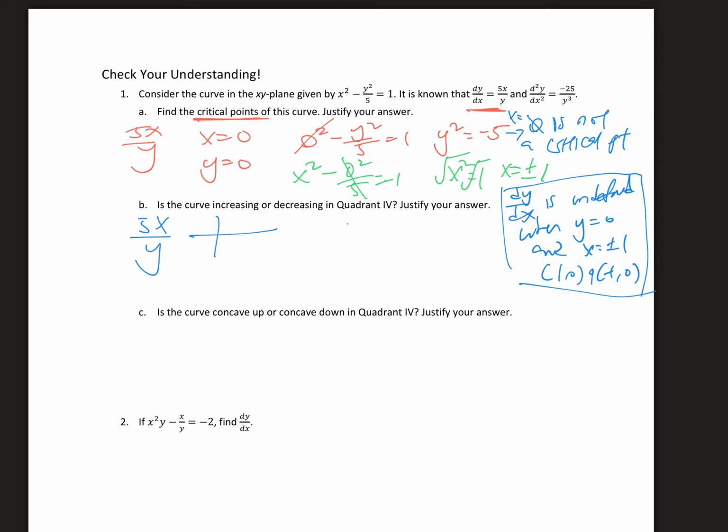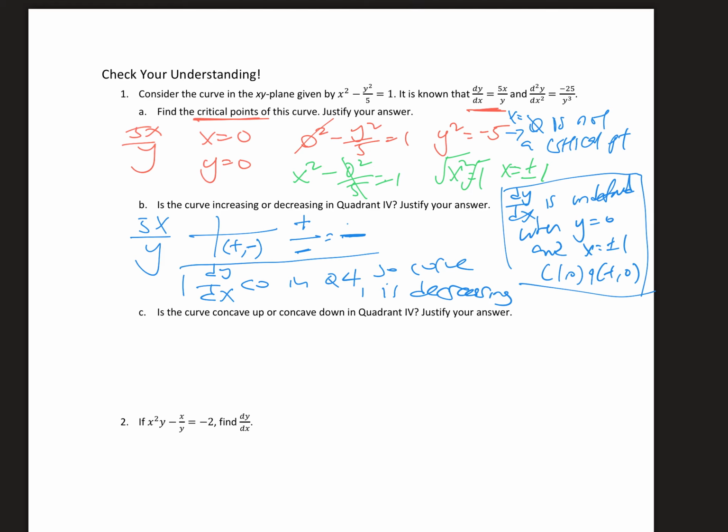In quadrant 4, my x value is going to be positive and my y value is going to be negative. 5 times a positive is a positive, over a negative number, and I'll get a negative number. So I know my graph is going to be decreasing because my dy dx is going to be less than 0 in quadrant 4. So the curve is decreasing.